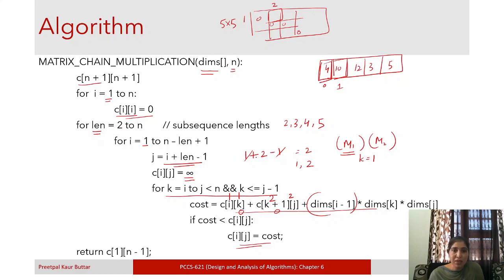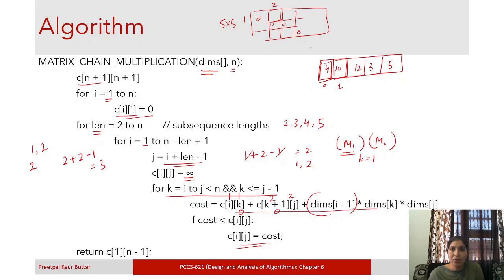In a similar fashion, this loop will proceed further. So i will become 2 in the next step. In the first step it was 1 comma 2. In the second step i will become 2, and in this case j will be 2 plus 2 minus 1, that is 3.